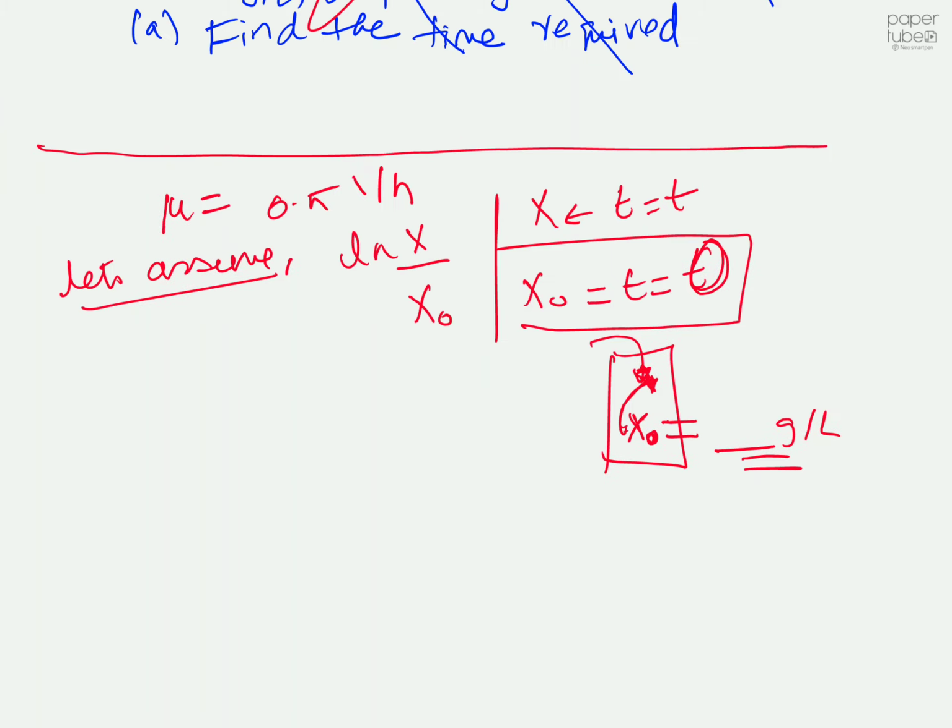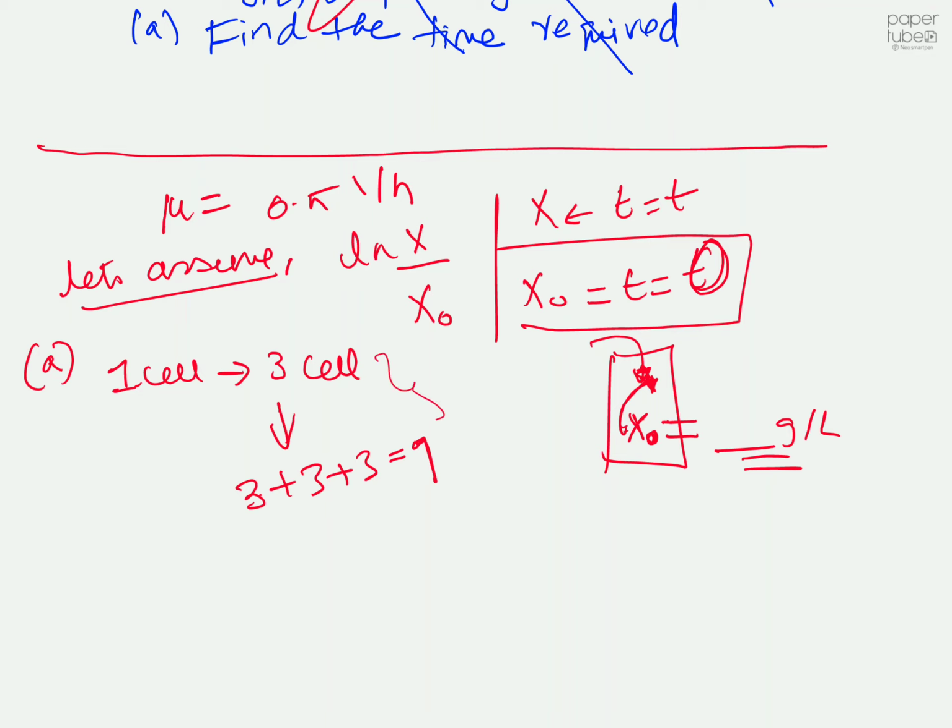This is going to replicate or triplicate, depending on what happens after each cell division. For part A, we assume that after each cell division one cell goes into 3 cells, and 3 goes into 3 plus 3 plus 3, so that's 9, and so on. We need to calculate the cell generation time. What's the time that we need for this process to happen?